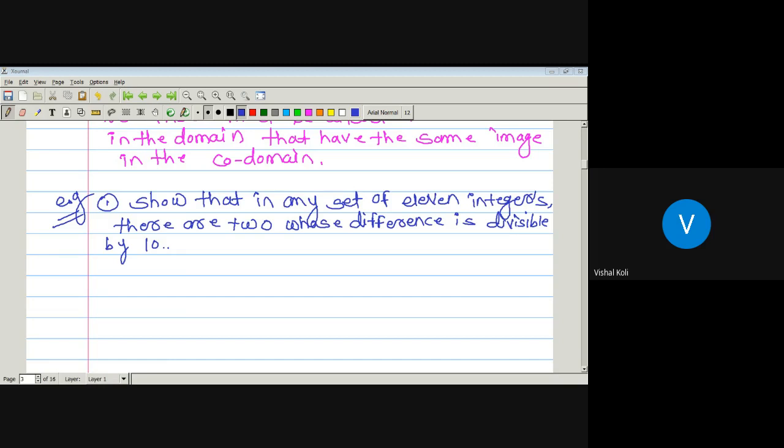And we have to use the pigeonhole principle second form. So we have to show that in any set of 11 integers, there are two whose difference is divisible by 10. Now tell me whether out of these 11 integers, it is possible that two elements are same.